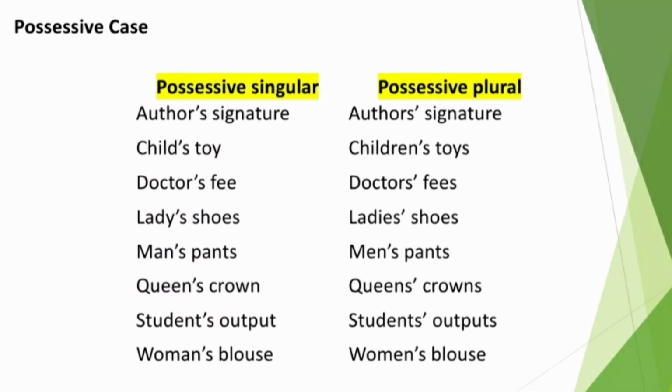Another type of cases of nouns, the possessive case. In possessive case, we have the possessive singular and the possessive plural. Okay, here are the examples. Let's differentiate the examples.